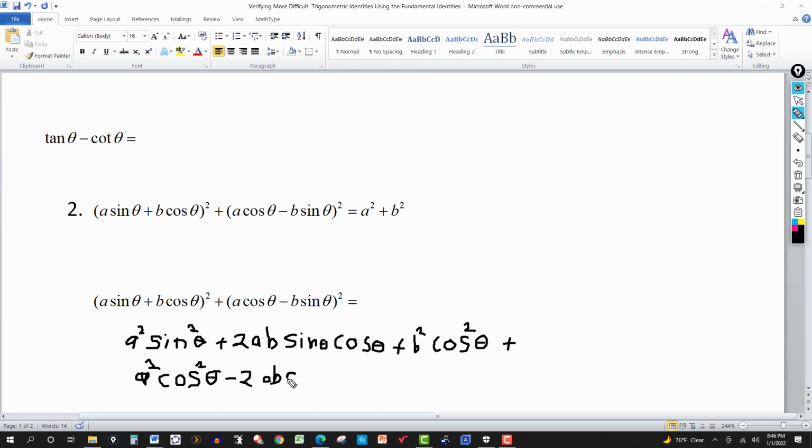And then it's cosine theta sine of theta, and then plus the second term squared, so that'll give me b squared sine squared of theta.